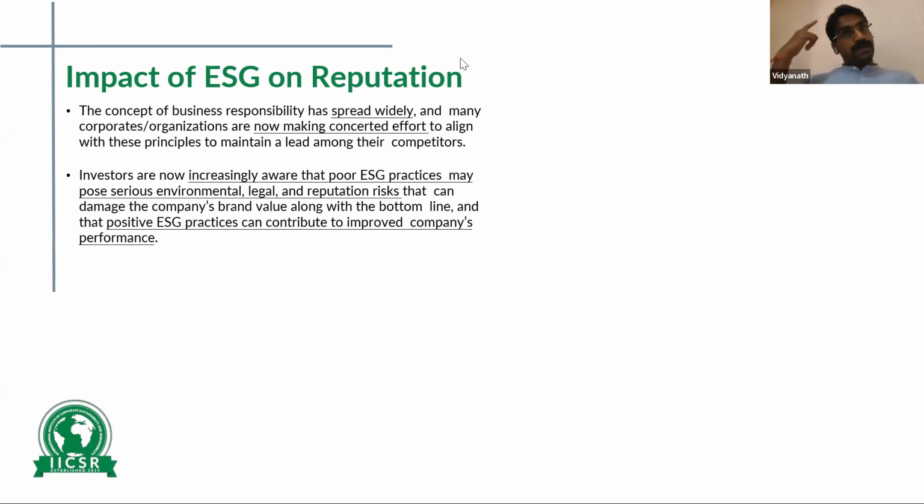Right now it is not there in India, but in Europe there are a lot of sector-specific regulations that have come up. Got it, helpful. Even SASB, the Sustainability Accounting Standards Board, has identified as many as 77 sectors.